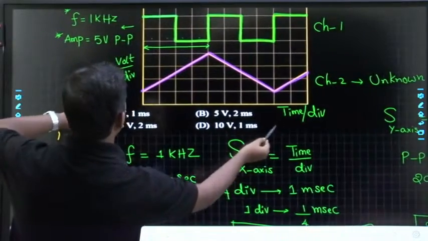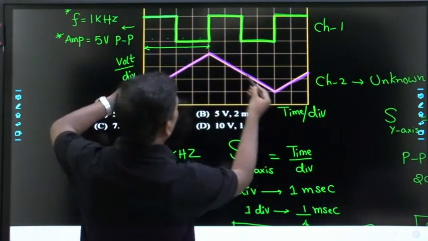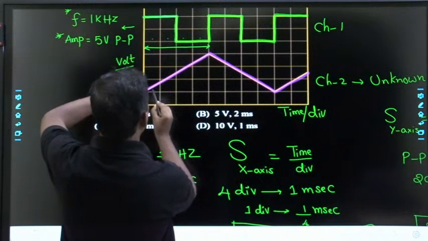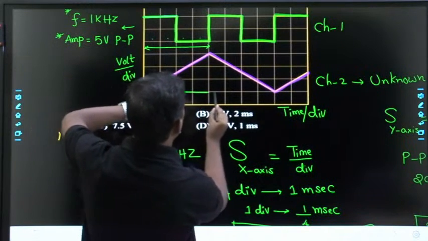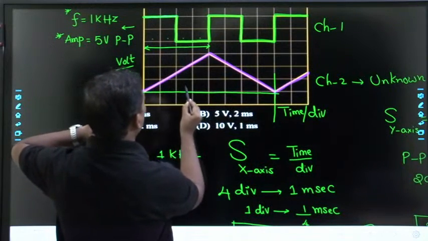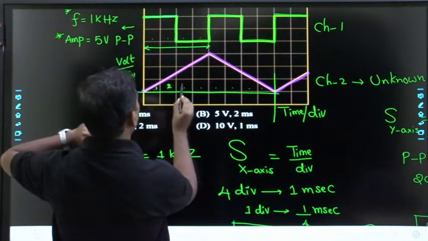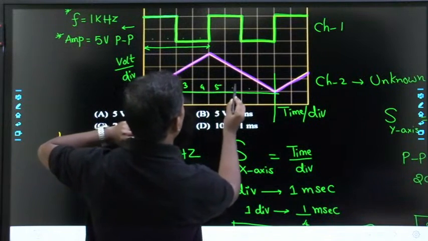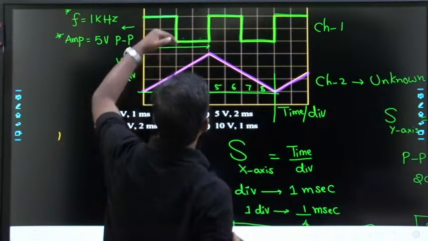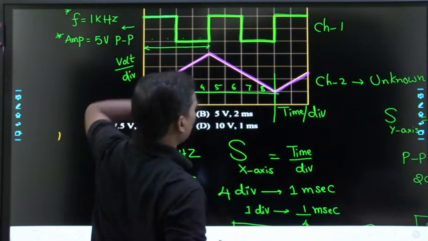So on the x-axis, how many divisions is it taking? If you take one complete cycle, this is how many divisions now? 1, 2, 3, 4, 5, 6, 7, 8. This particular time per division and volt per division is the same for this unknown signal also.